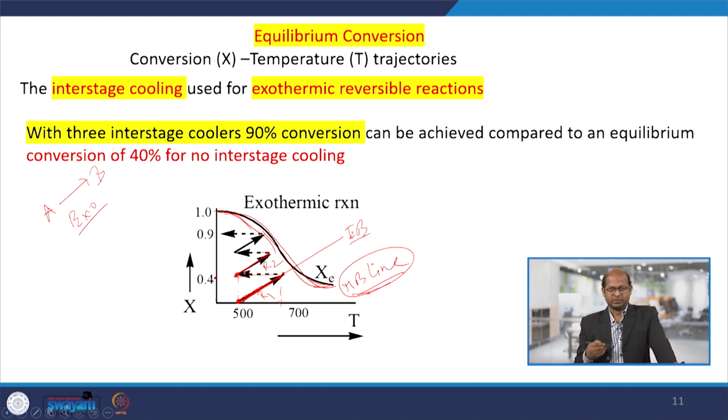Again an exothermic reaction takes place in reactor 2 and conversion progresses, and at the same time the temperature of the reacting mixture also increases and reaches this point.